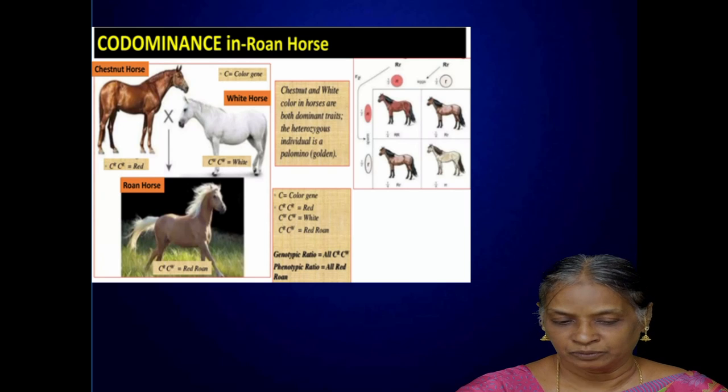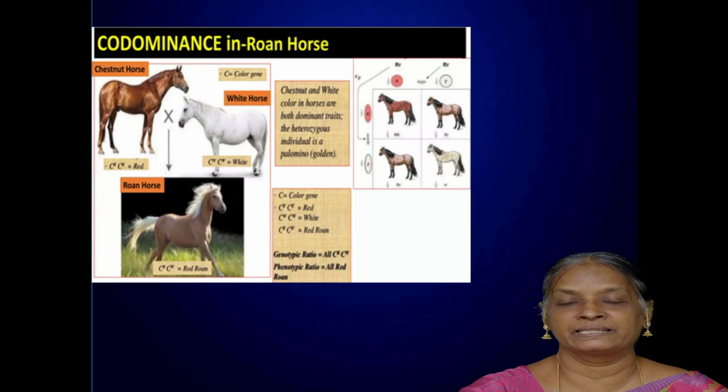They have white patches as well as the chestnut coat color. So this is another very good example of codominance, and all the F1 young ones are said to be roan.